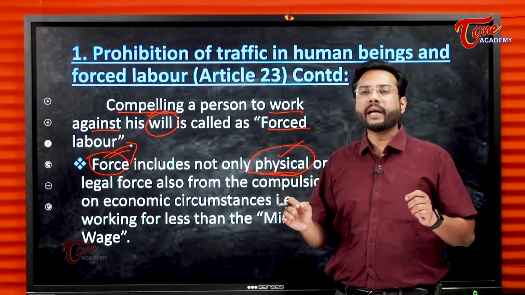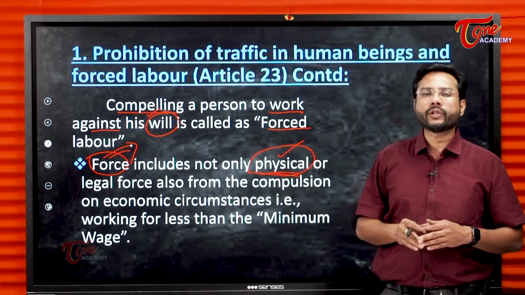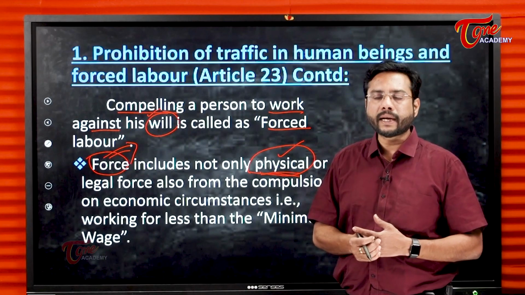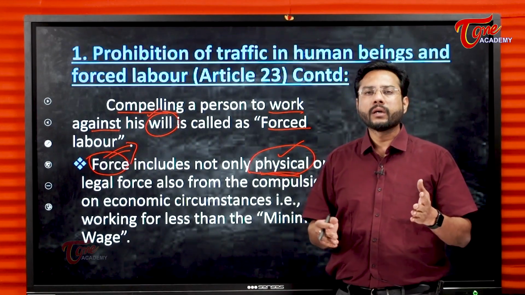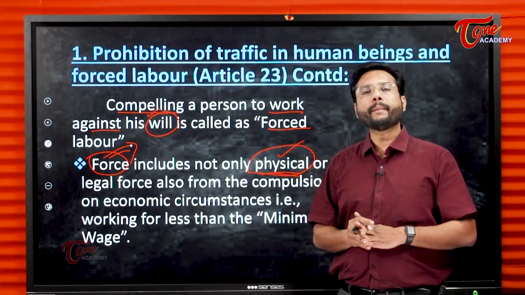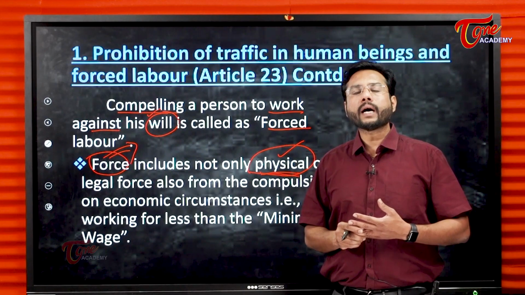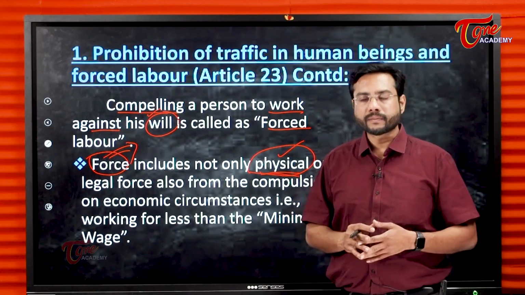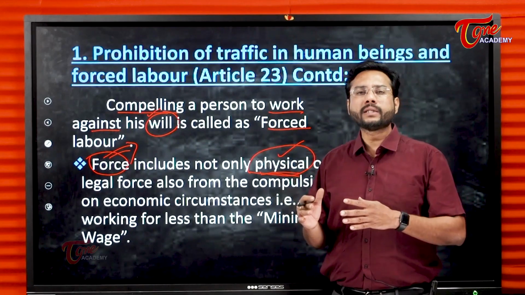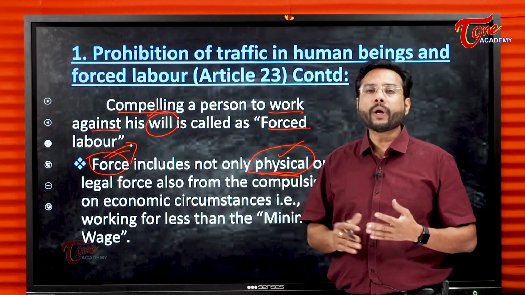For example, if we have 8 to 9 hours work under our constitution, or it's a norm generally followed across the world, that a person should work for 8 to 9 hours a day. But many MNCs, in white collar jobs, are working for 12 hours. So the organization is making those employees work beyond their limits.